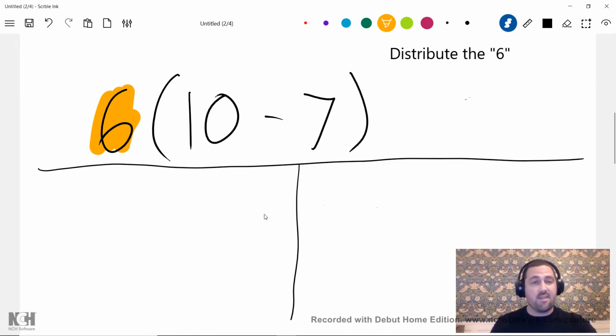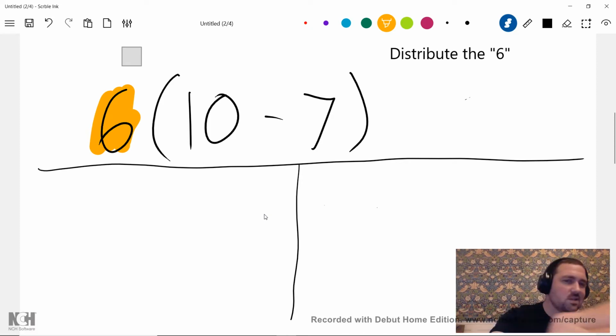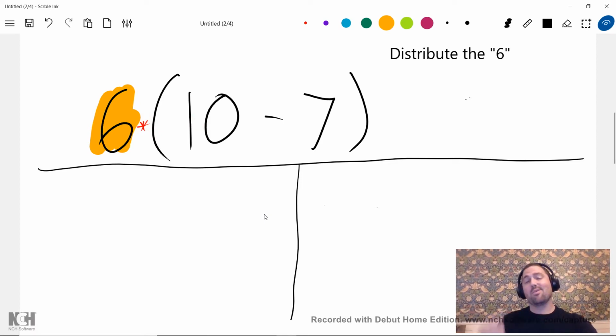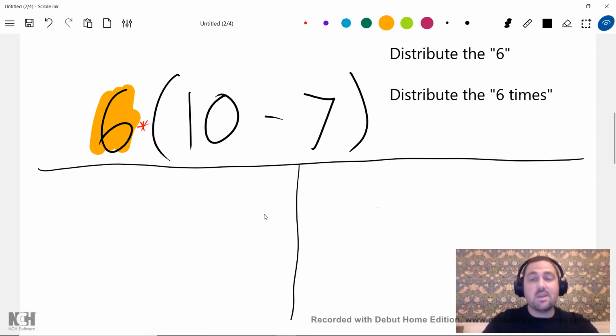I would probably say that too. But we want to be a little careful because we're not really distributing the 6. Note there is a multiplication symbol between the 6 and the 10, even if we don't write it. So really, we're distributing the 6 times.